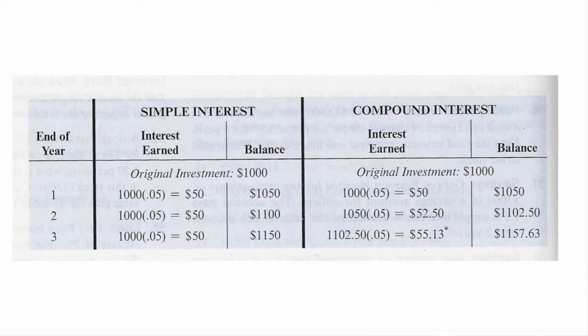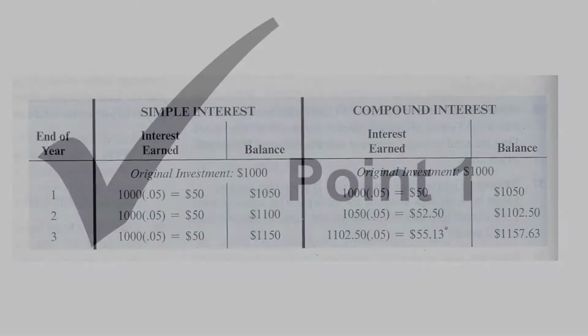And so compound interest allows money to grow faster. Your first checkpoint for this section is to complete 2 more lines of the compound and simple interest table that you see here.